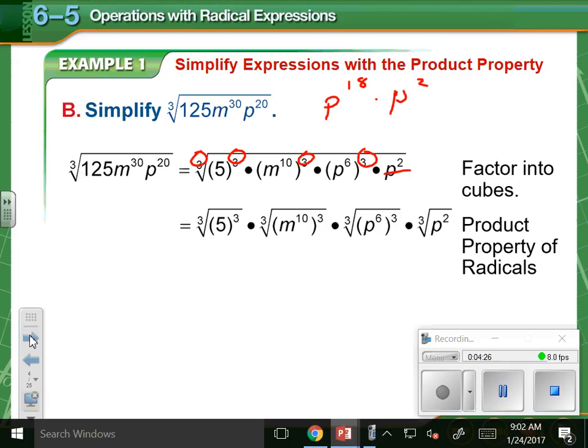And this cancels that, this cancels that, this cancels that. This one doesn't have anything to cancel with. So what's in parentheses is all you have left when you take the cube root off. And then the cube root of p squared is going to be left on the end.